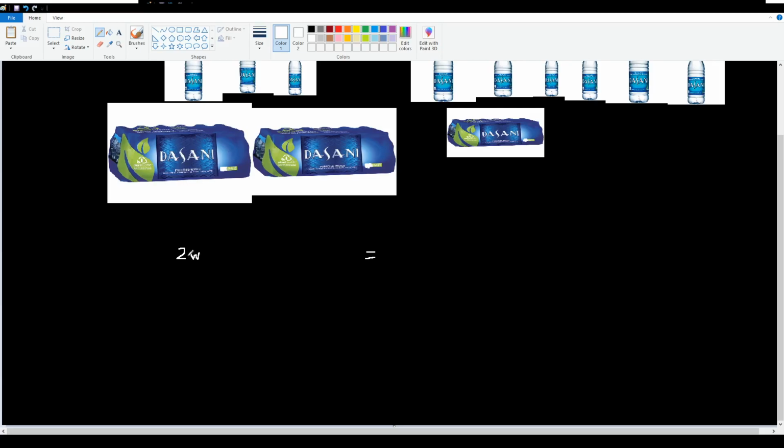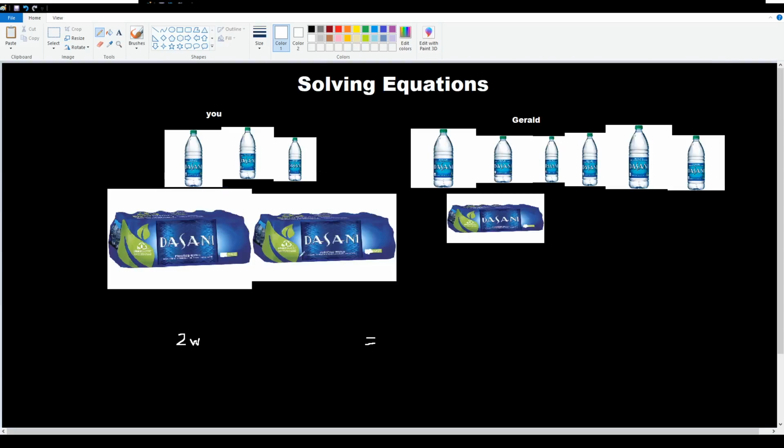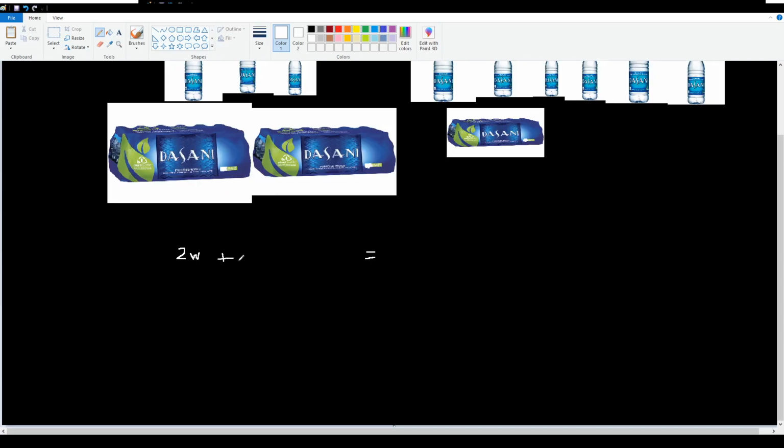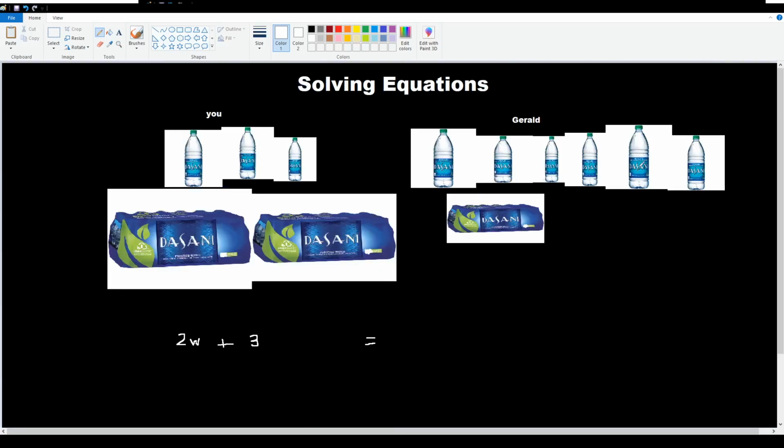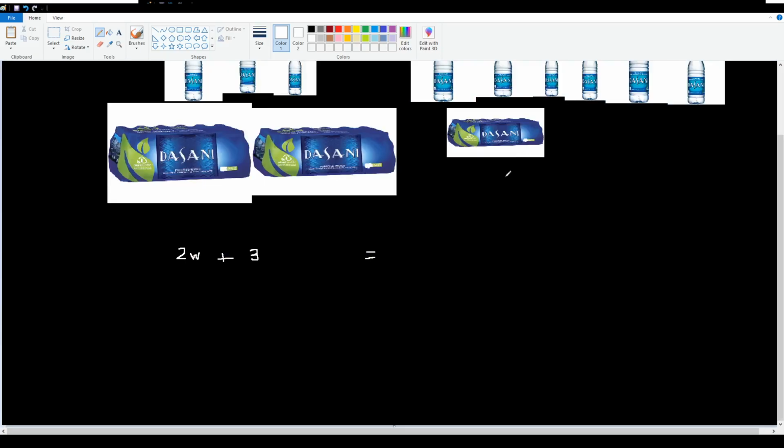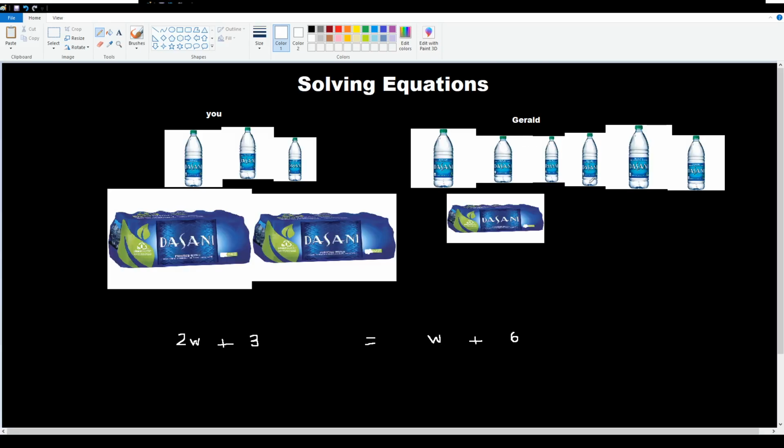And remember, you don't have to write the multiplication sign in algebra when you're dealing with a variable and a coefficient. And then you know you have 3 extra water bottles that are not in cases, so you can do plus 3, okay? And your friend has 6 of these water bottles and 1 case, so he would do W plus 6, right?